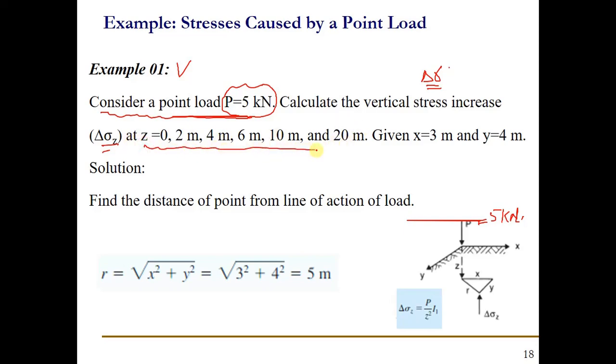So z is given for different depths. The x distance is given as well, that is 3 meter. The y value is given as 4 meter, and we can easily find out the r value by using the Pythagorean theorem, and that r is 5 meter.